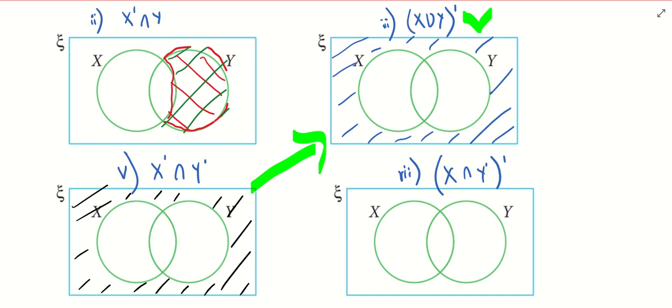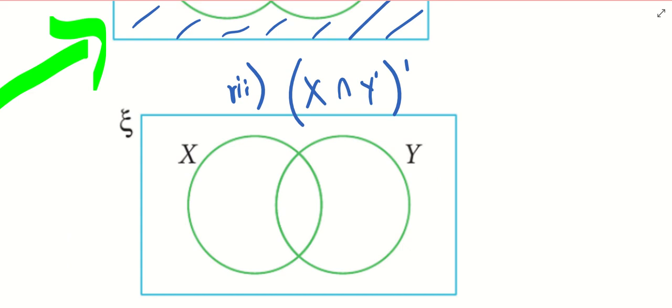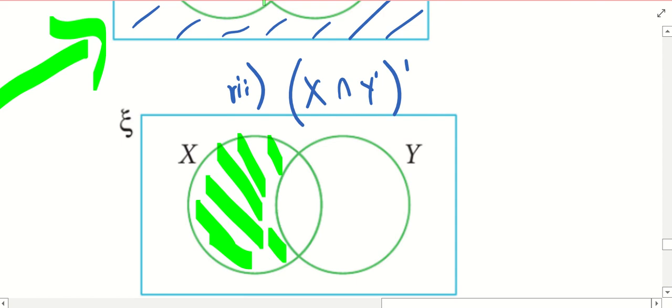Alright? Last but not least, I don't look at the bracket first. I look at x intersect y prime. What is x intersect y prime? It means that it must be inside x, but yet outside y. Am I right? If it's inside x, outside y, by right, this is the area inside the bracket, which is the crescent.